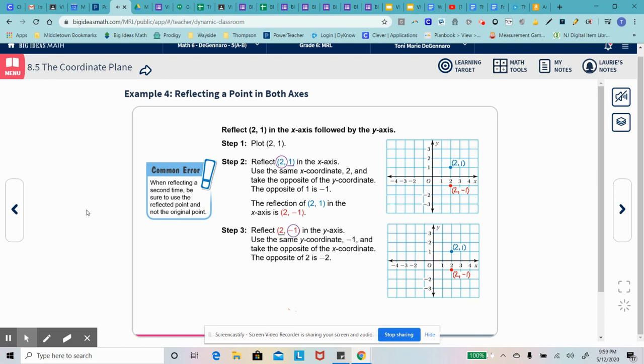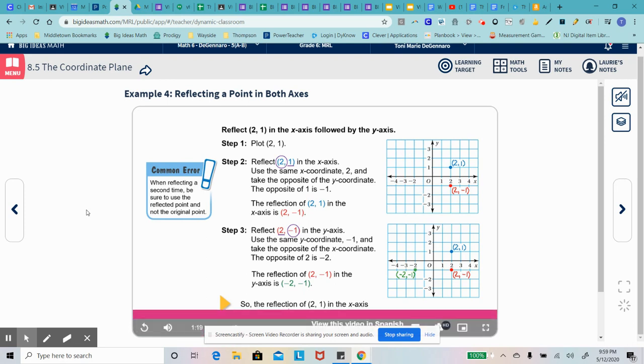The opposite of 2 is -2. The reflection of (2, -1) in the y-axis is (-2, -1). So the reflection of (2, 1) in the x-axis followed by the y-axis is (-2, -1).